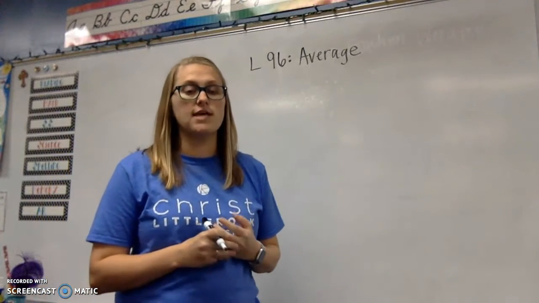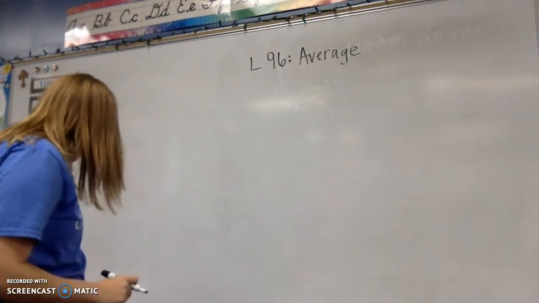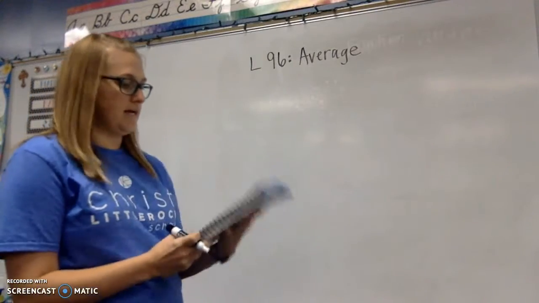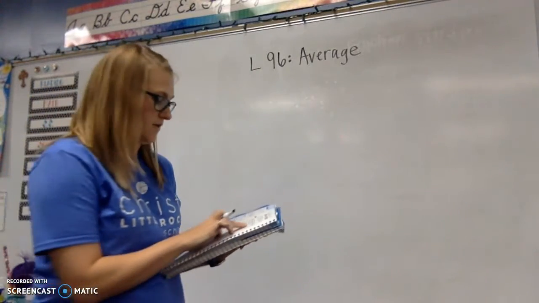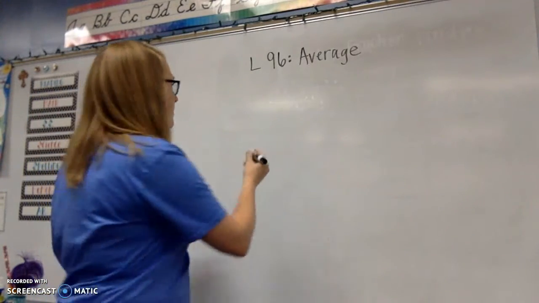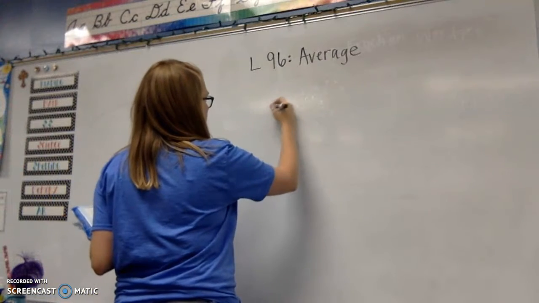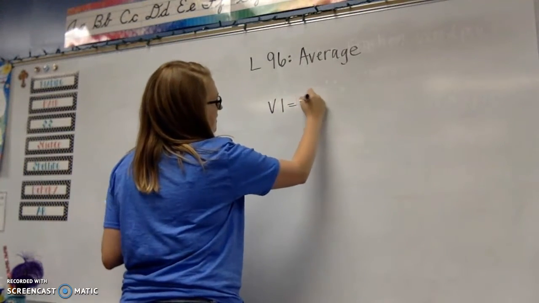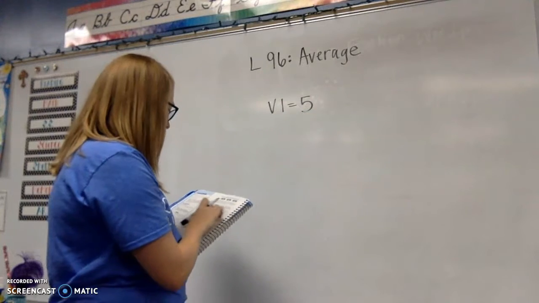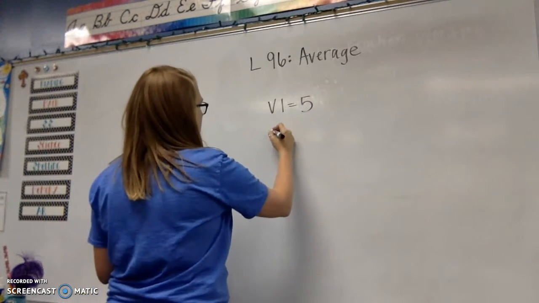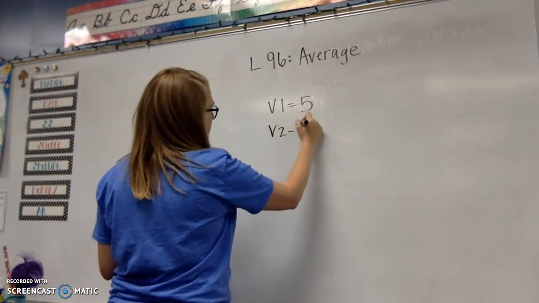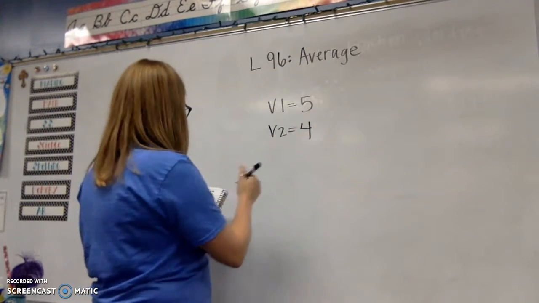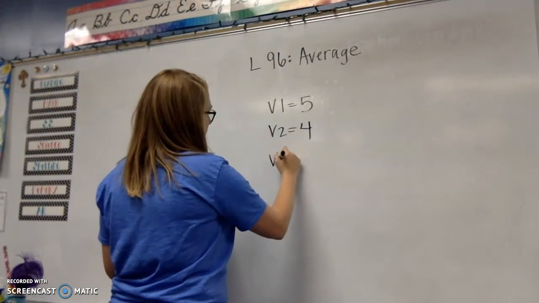So let's look together at example 1. It says, 4 vans carried the team to the soccer field. There were 5 players in the first van. Let's do van 1 had 5 players. There were 4 players in the second van. 3 players in the third van.